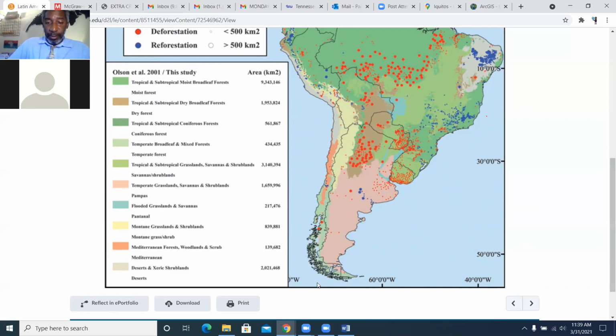This southernmost region of South America is the Patagonia Peninsula. So that's the Patagonia Peninsula. And notice it is dominated by this Pampas region, which is this kind of pink color area symbol. The Pampas region is somewhat similar to the Great Plains of North America.